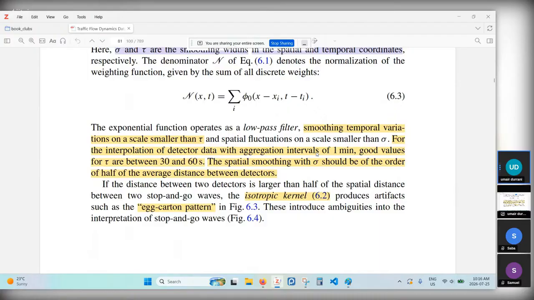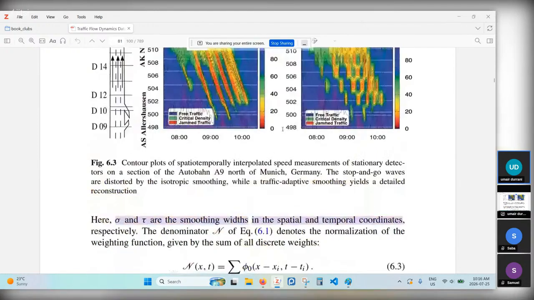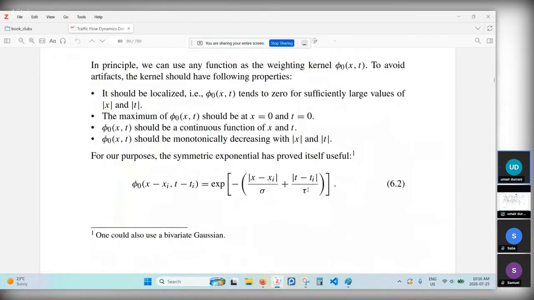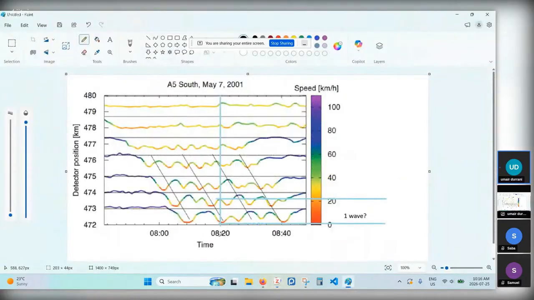Now, this is important: the exponential function that we saw in the previous equation is also called a low pass filter, because it is going to smooth the temporal variations on a scale smaller than tau. If we have a small value of tau here, let's take an example. Let's say that we know exactly what the speed is at 8:20 a.m. and we want to know what the speed is after only 20 seconds.